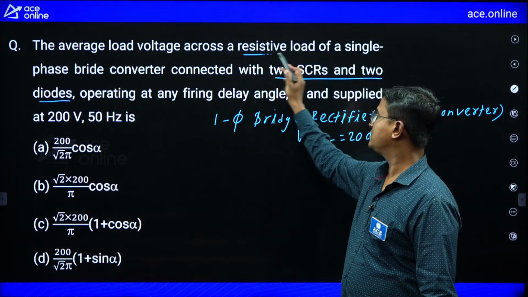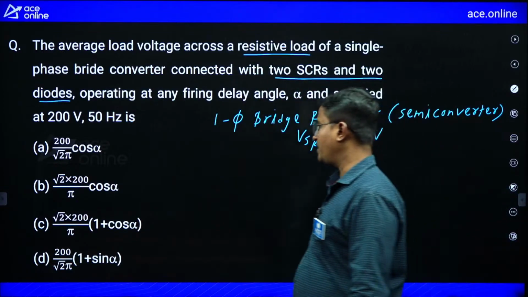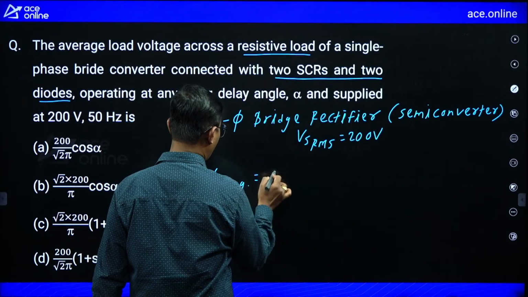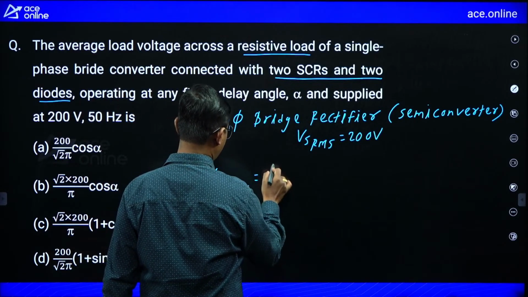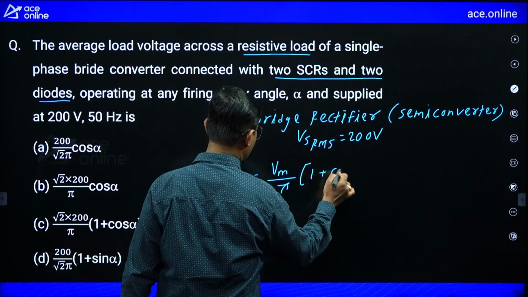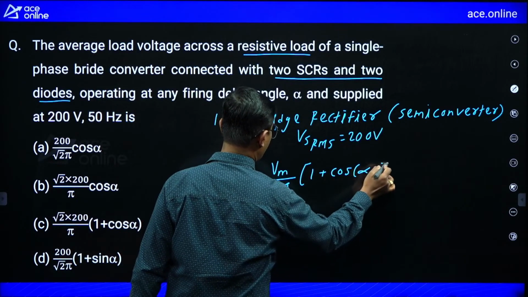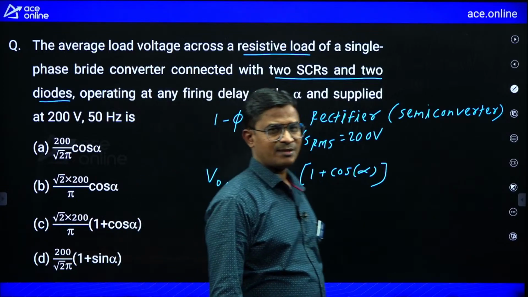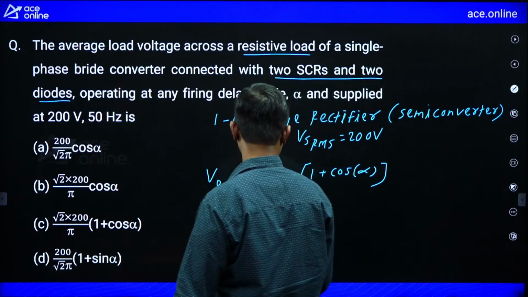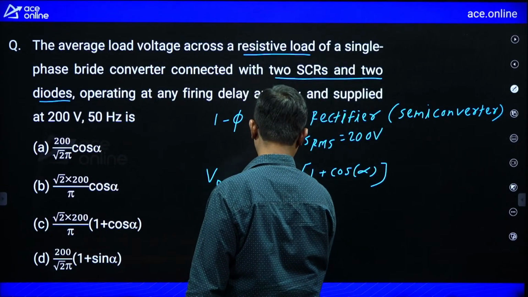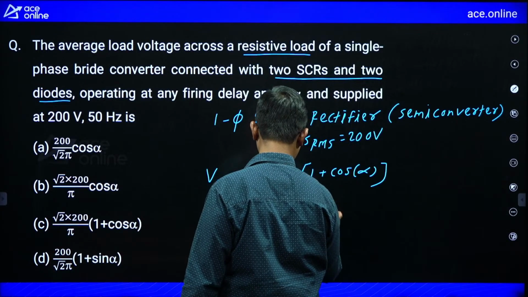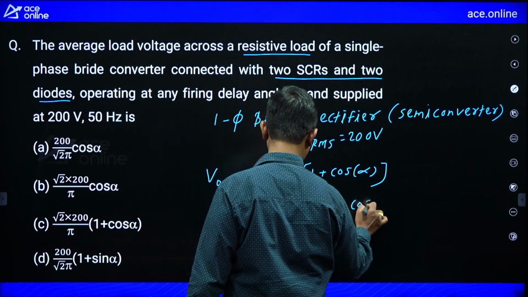V0 average is equal to Vm by pi into 1 plus cos alpha. 2 SCRs and 2 diodes means it is a semi-converter simply. So it is Vm by pi. Vm is 200 root 2 upon pi into 1 plus cos of alpha.